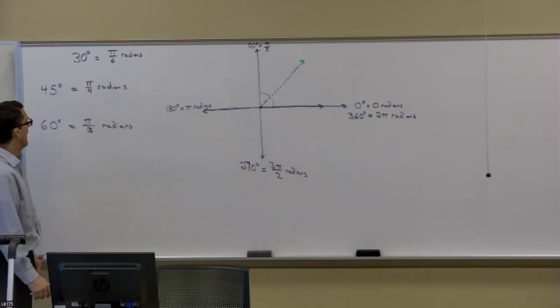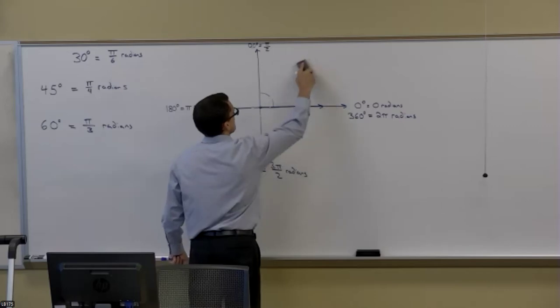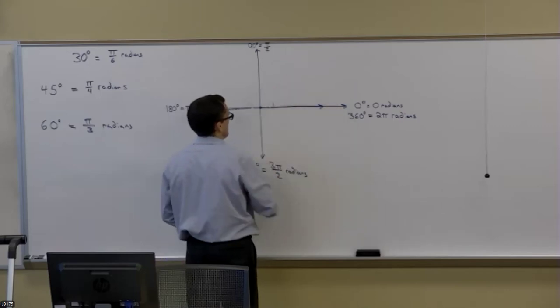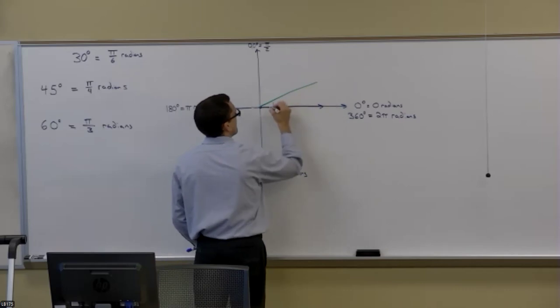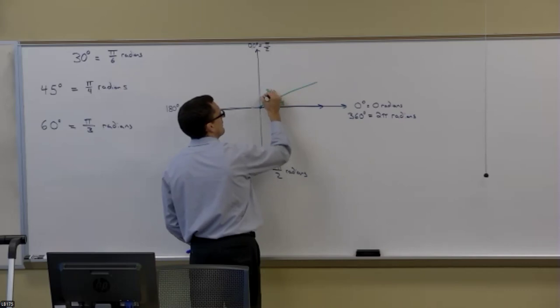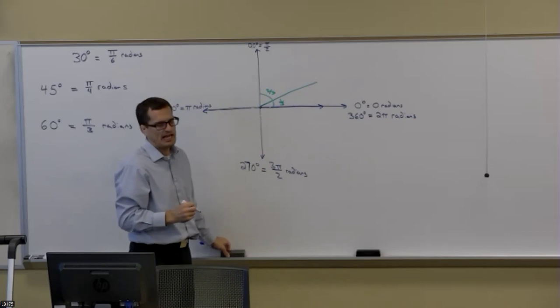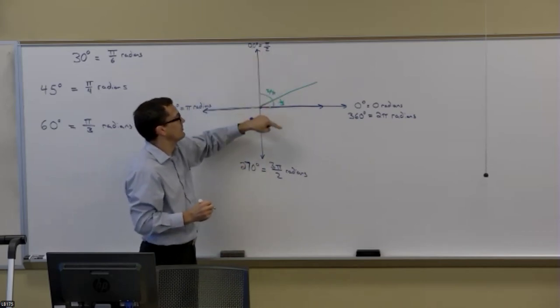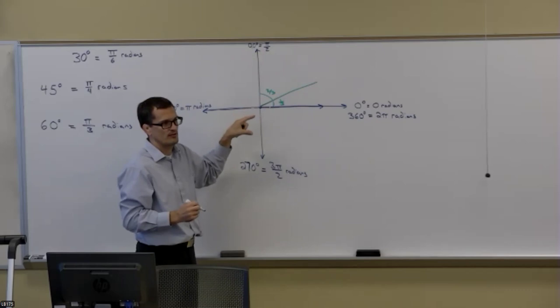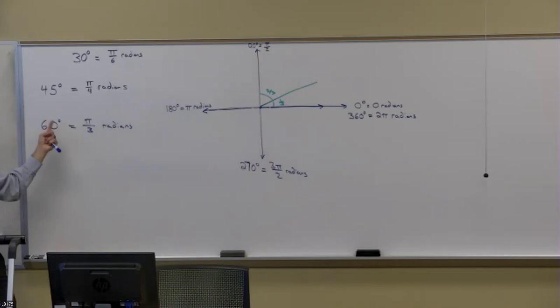Okay. And if you think about the 30 degree angle measurement, that splits it into 1/3, 2/3 sections. And if you think about 1/3 of pi over 2, that's pi over 6. And the reverse happens with 60. It goes 2/3, 1/3 of that first quadrant.